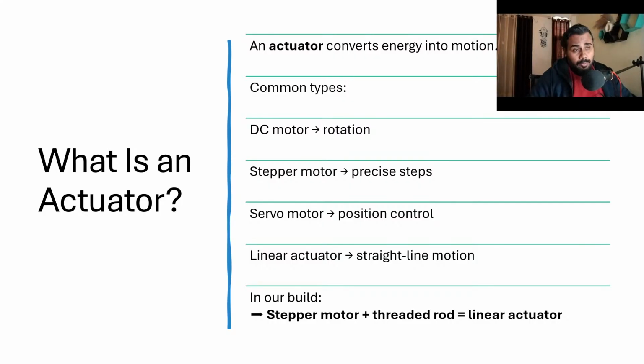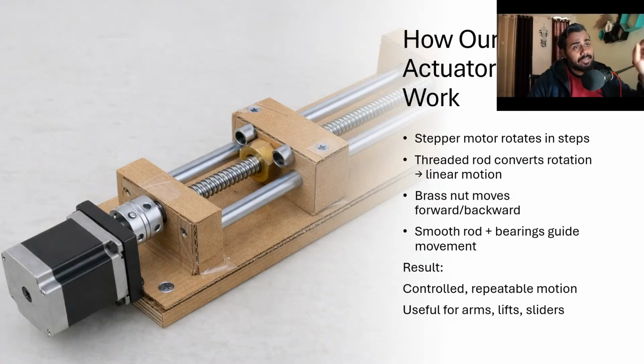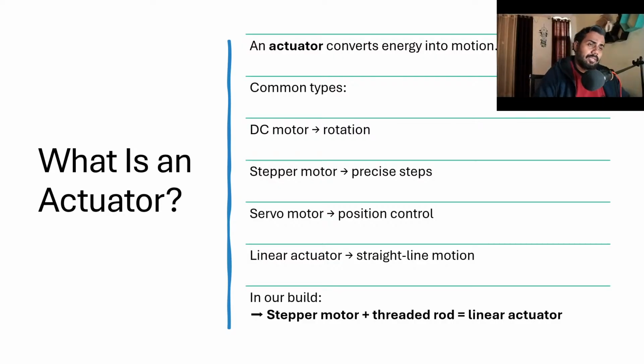Then we have servo motors, position control. For example, in the shoulder joints of a robot, people usually use these servo motors. Then we have linear actuators. So we are going to build this linear actuator eventually. In our build, stepper motor, threaded rod. We have this threaded rod. It has these threads in it. What we are planning to do, and what people usually do, is we have this connector.